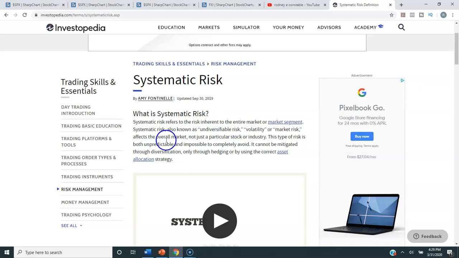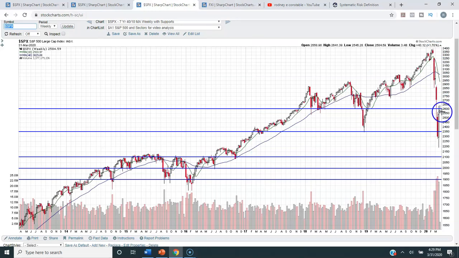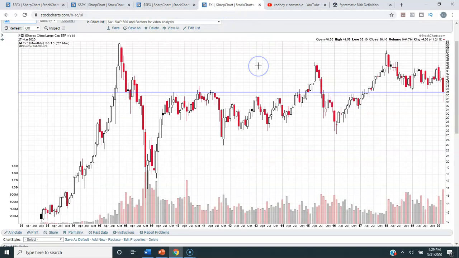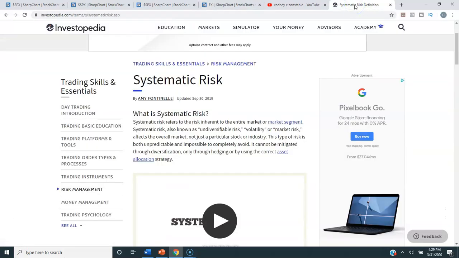That is why I'm so passionate about what I do, because when you get into these systematic risk events, I haven't found anything better than the system that I developed for myself to help identify what level of systematic risk is out there, which allows me then to lighten up on my equity positions, because going to bonds just doesn't work like it used to.